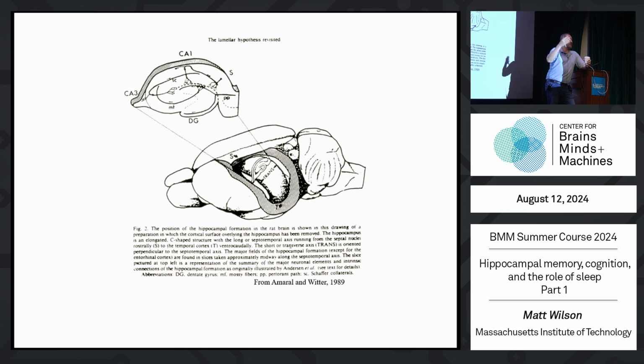I liken it to modern day instruction, where I'm up here talking, you have some ability to quietly talk among yourselves, but you also have this very powerful external source of social communication. Maybe you've got your cell phones, and you can say, oh, look, Wilson said dentate, let me check that out. It's like Google, right? So I have the ability to tap into a vast set of independent data that might be initially triggered or instructed by this dentate input, but then can be propagated through this expanded autoassociative or recurrent network.